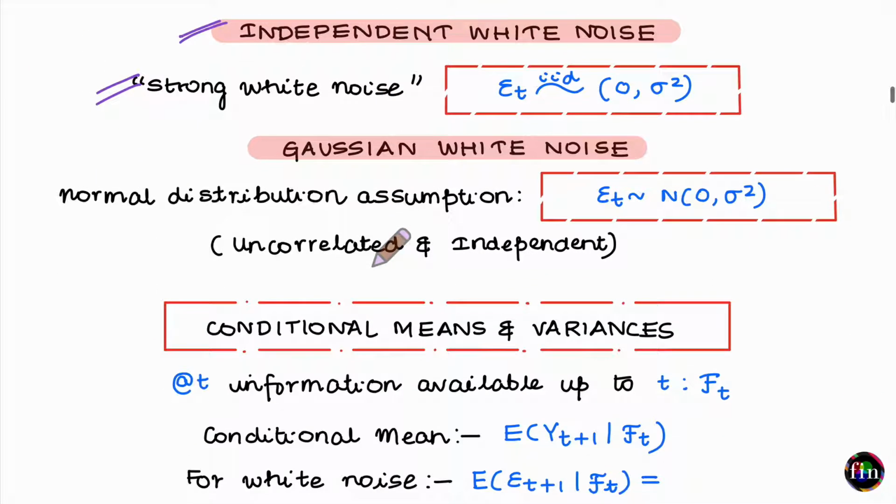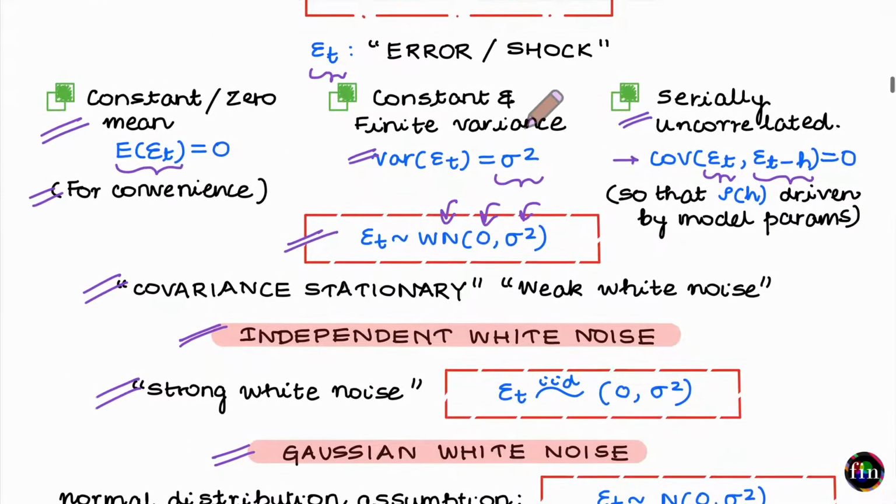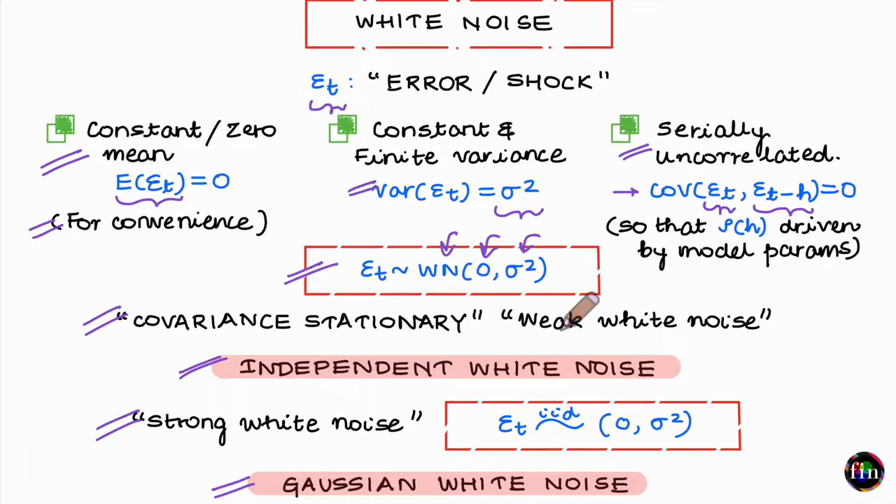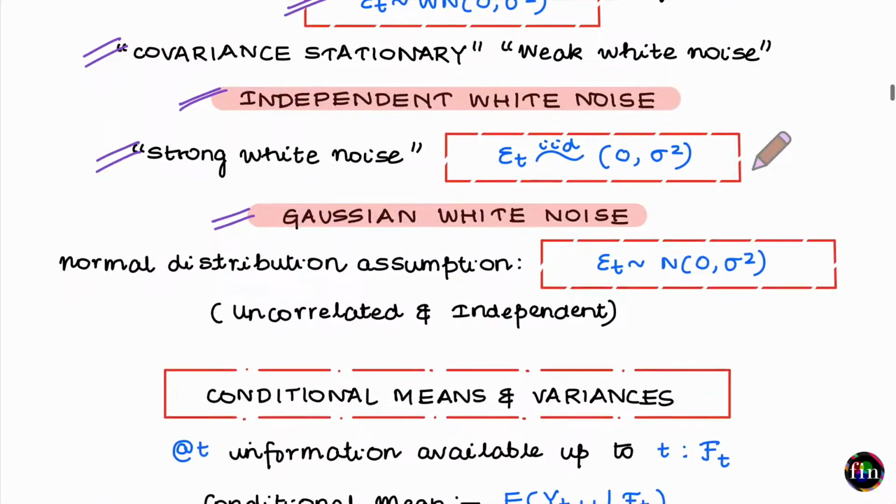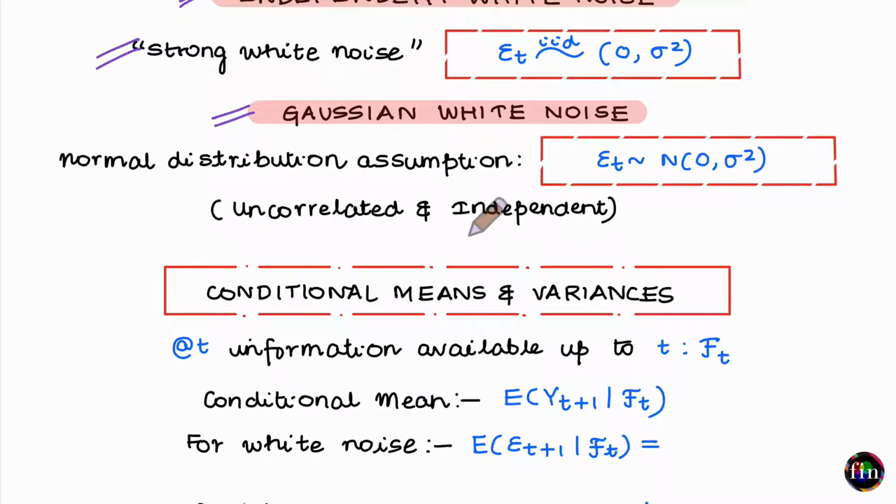There's a third kind of white noise as well, and that is Gaussian white noise. So go back to the way I defined white noise. Now, in this first weak white noise, I didn't even specify what is the distribution of epsilon t. All I said was mean 0, variance sigma squared, and serially uncorrelated. Okay. Now, when I come to this third type of white noise, the Gaussian white noise, I am also specifying that epsilon t is coming from a normal distribution.